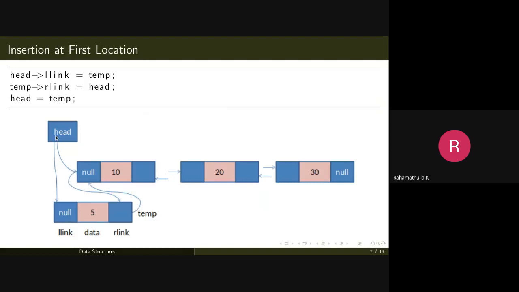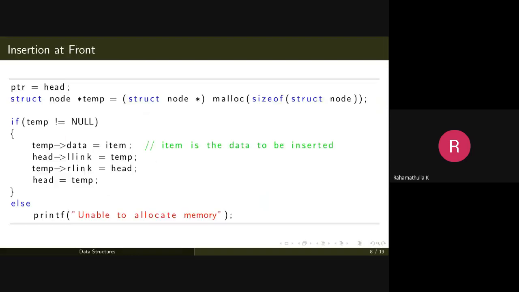So you point the previous link of this to here, and the next link of this temp to here, and you next change your head pointer to point to this temp. So with these three statements, you can clearly insert a new node at the beginning of the doubly linked list.